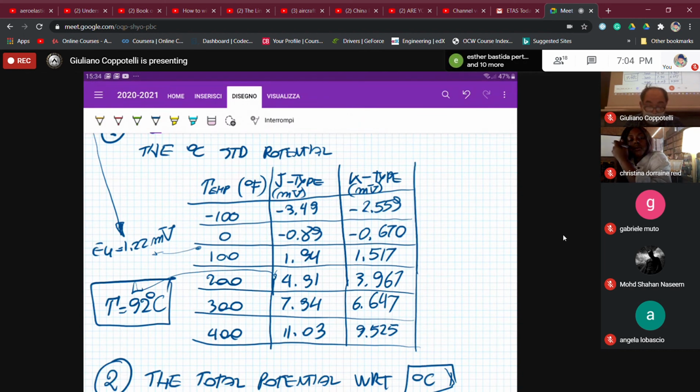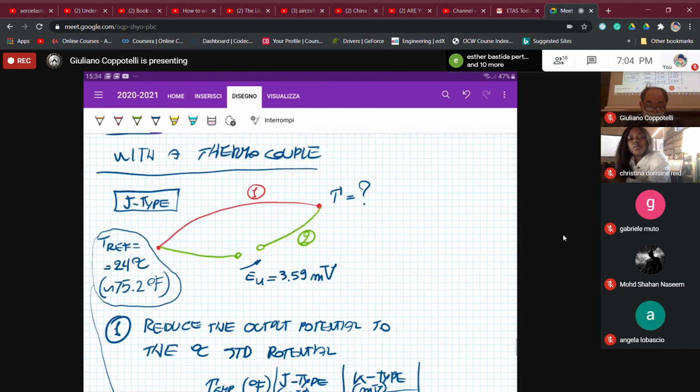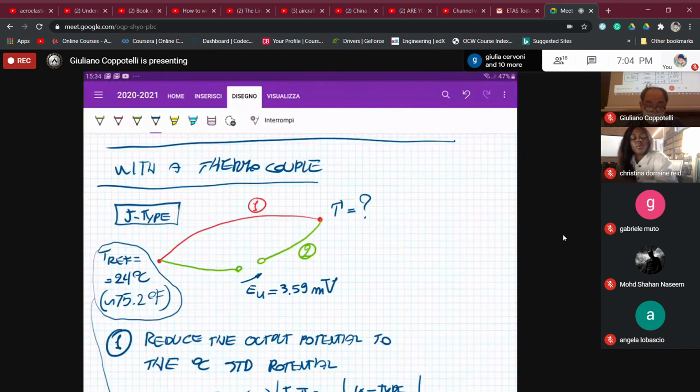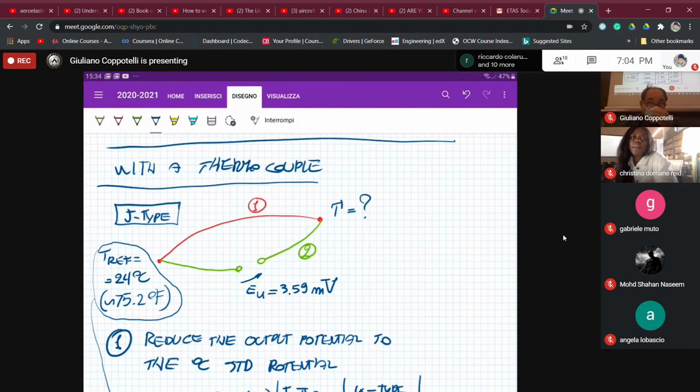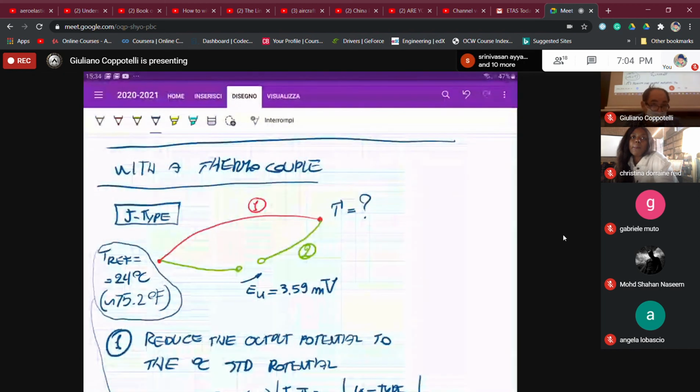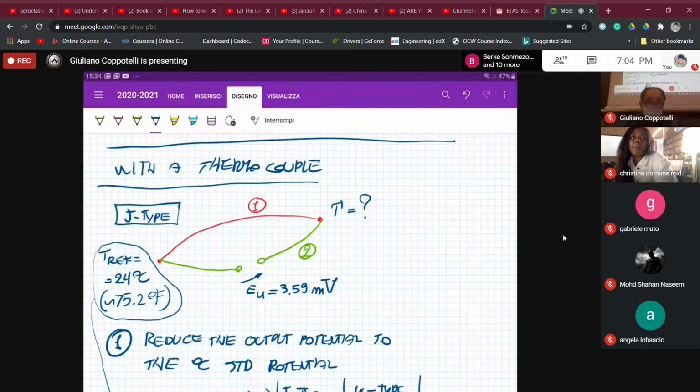I just repeat it. I got my J-type thermocouple, and I know that the thermocouple is having the cold junction at one temperature, for example, 24 degrees. Then I would like to estimate the hot junction temperature that is unknown.